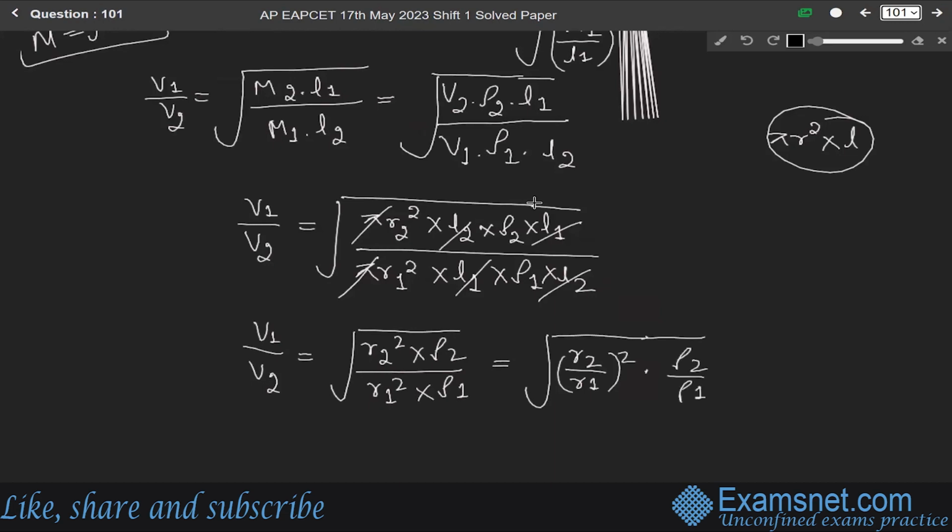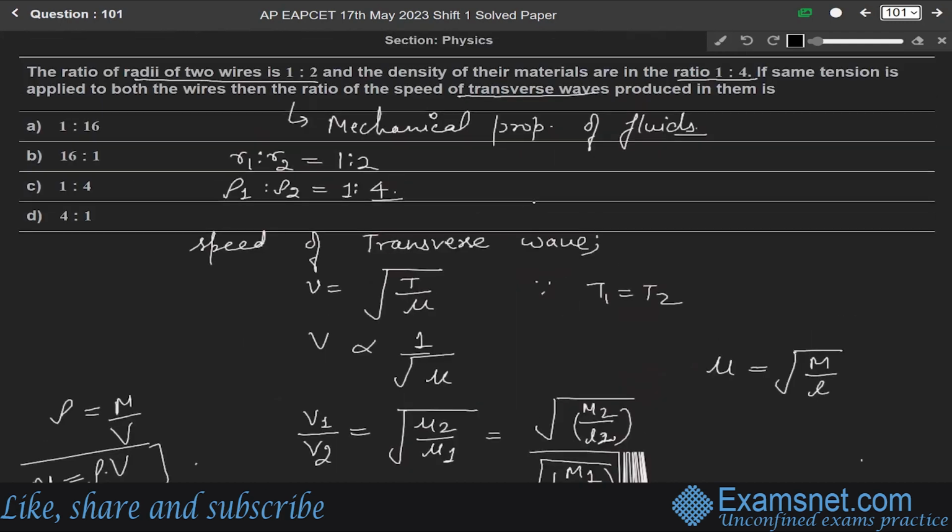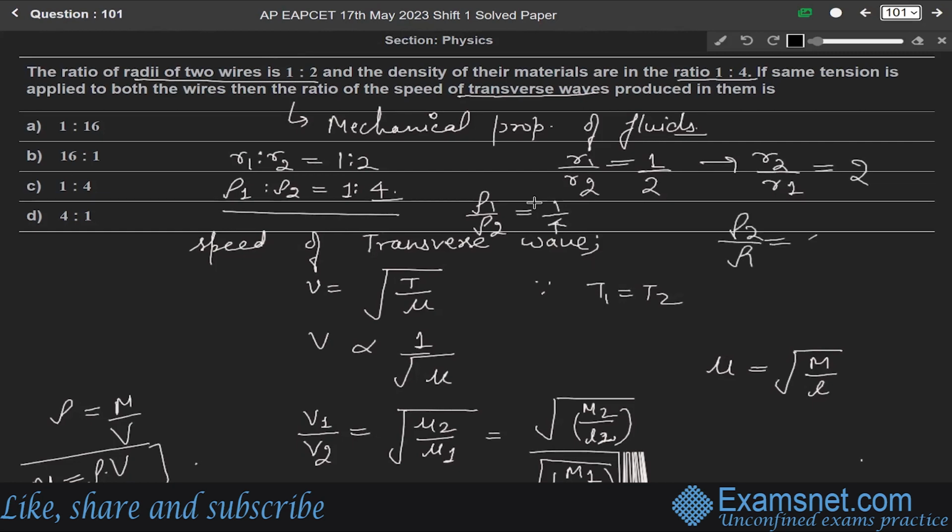According to the question, R1 over R2 is 1 by 2 and rho 1 over rho 2 is 1 by 4. So R2 over R1 equals 2, and rho 2 over rho 1 equals 4.